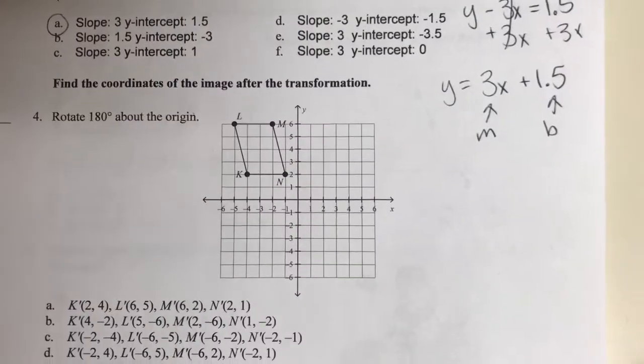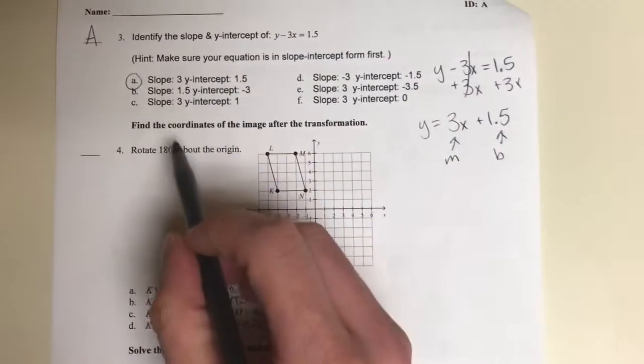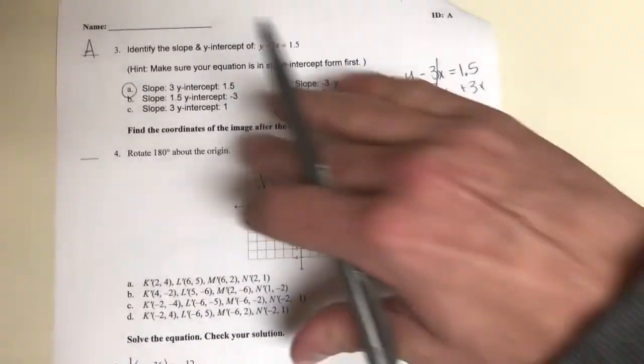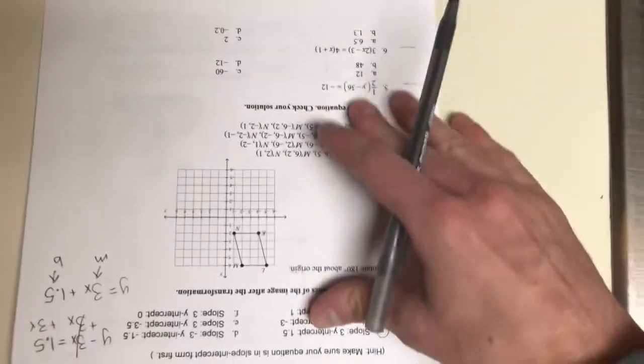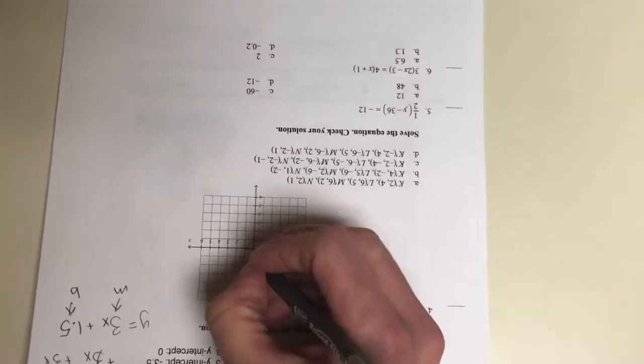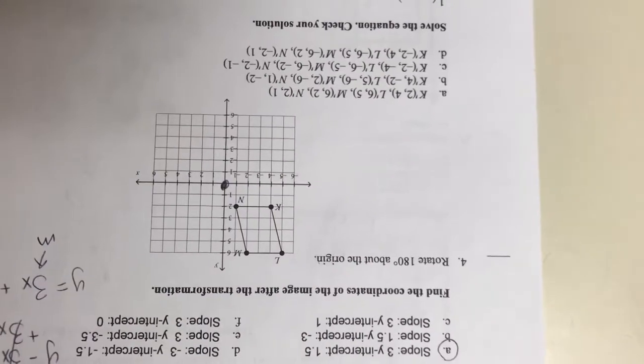All right. 4, rotated 180 degrees about the origin. Ugh. All right, this goes clockwise. This is counterclockwise. 180 means it doesn't matter which direction you go, because either way you're going to spin your shape upside down. Now, what it appears to me is this. My shape is now in the bottom right.